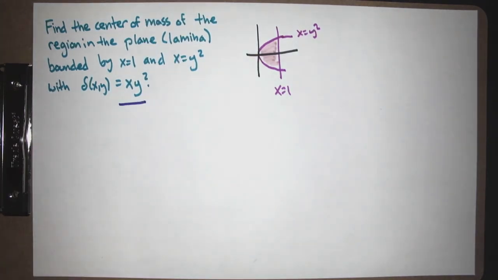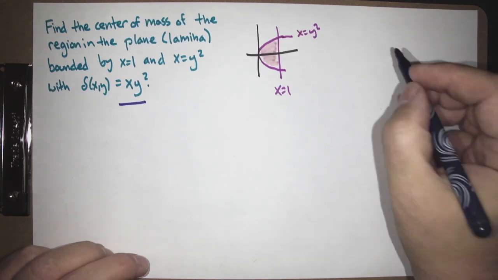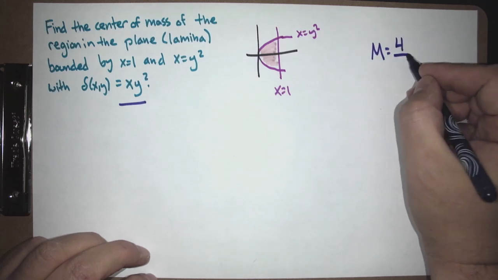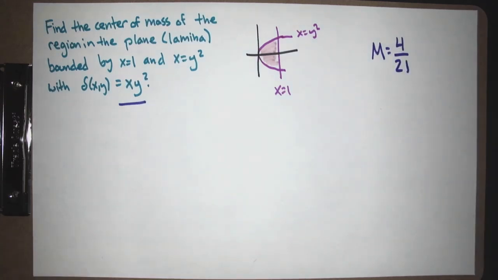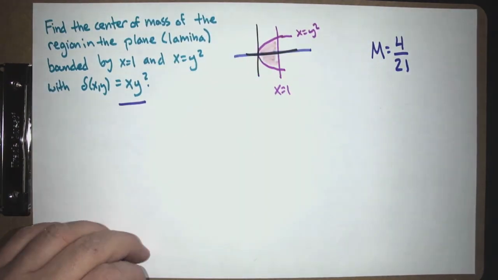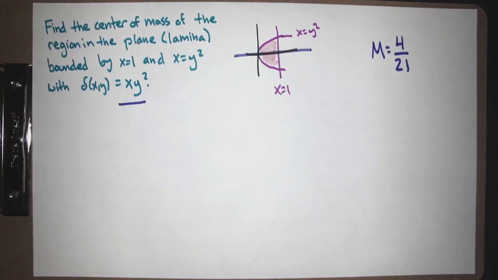All right, now, in the interest of full disclosure, we have seen this before. Do you remember what the mass is? 4/21. Okay, so that we can recover from last time. So we don't have to do 2 computations, we just have to do 1. Does this have any symmetry? Yes. What symmetry is there? The x-axis. Now that's just from the symmetry of shape. That's our only hope.